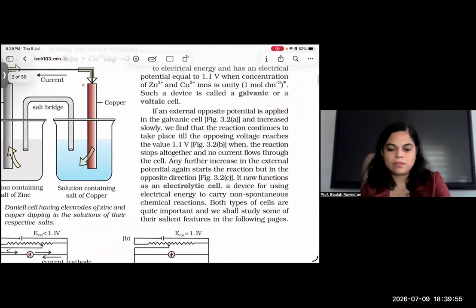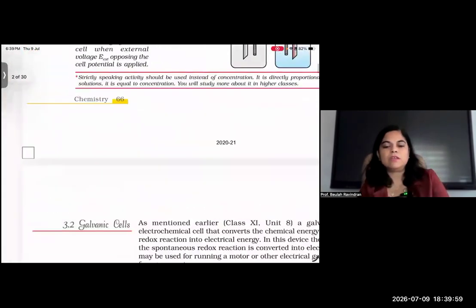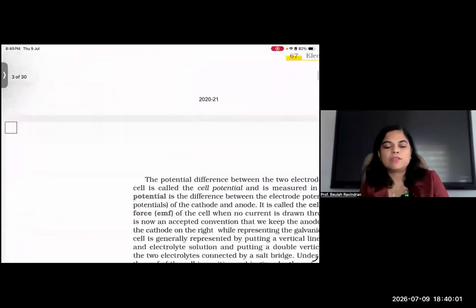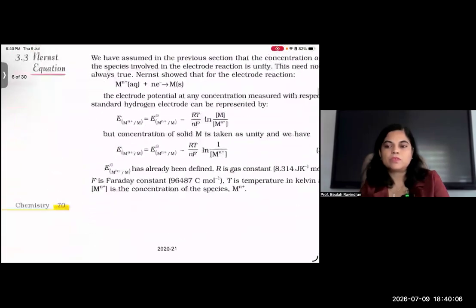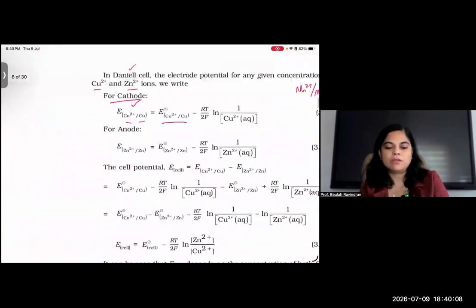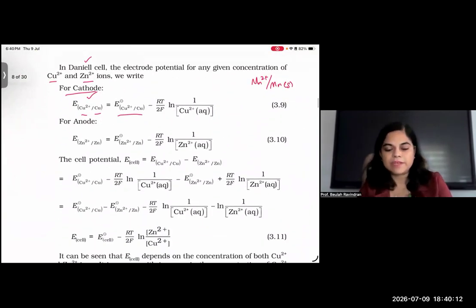It's not given here, but this was given to you from the chemical equilibrium reaction, which you studied in grade 11. So it is RT by 2F into ln of 1 by copper 2 plus aqueous.